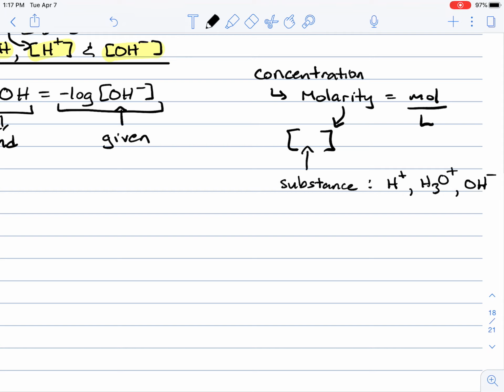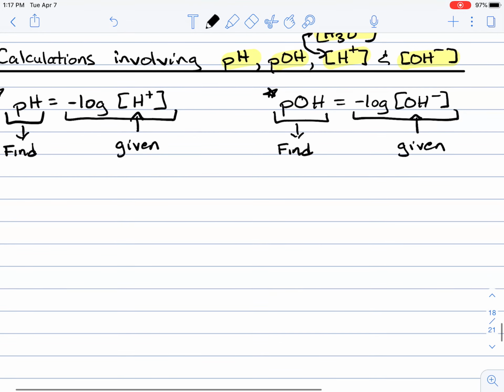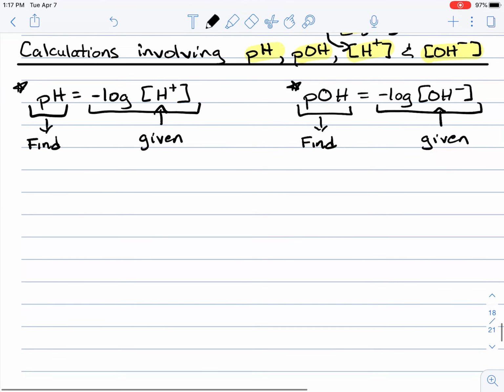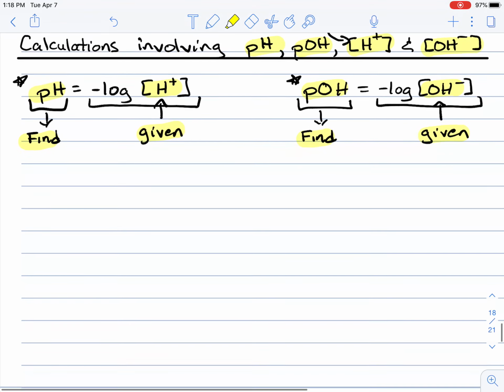These two equations allow us to determine the value for the pH if we are given the concentration of the hydrogen ion or the hydroxide ion.